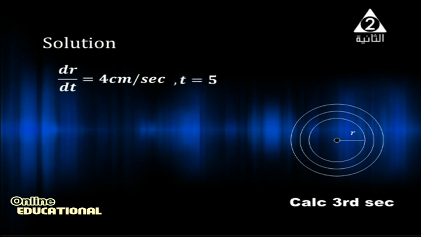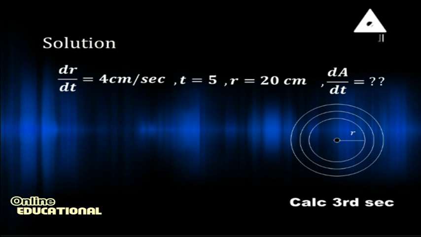At t equals 5, the radius equals 5 times 4 equals 20 centimeters. Then what is the rate of change dA/dt with respect to the time t? The related time rate of the area of the circle. Now, dear students, what is the relation between the area and the radius of a circle?